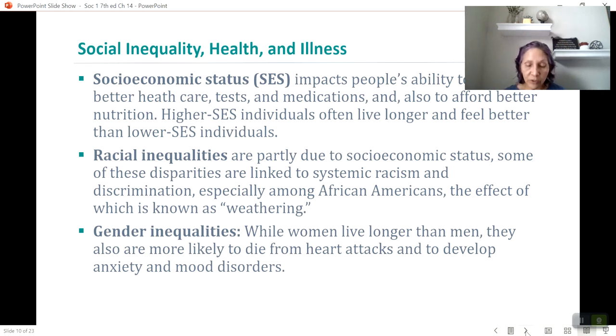First, with socioeconomic status, I've mentioned this earlier in this video, that we really have three different worlds when it comes to healthcare in this country. We've got the people who are quite wealthy and they can pretty much get whatever healthcare they want and need and not have to think about it.